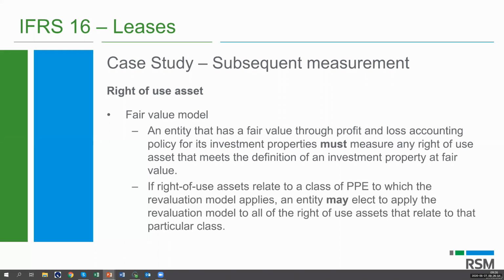If the right-of-use asset relates to PPE that you account for under the revaluation model, then there is an option that you may elect to revalue that right-of-use asset as well, if it relates to that particular class. So if it's investment property, it must be remeasured at fair value. If it's PPE and you account for it under the revaluation model, then you may elect to also revalue that right-of-use asset.